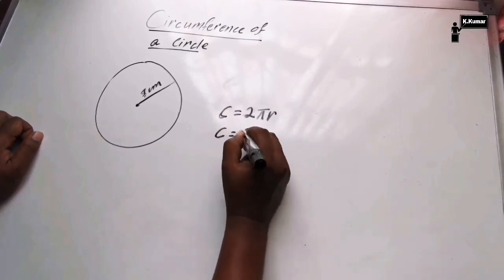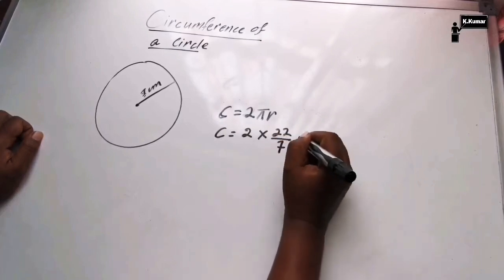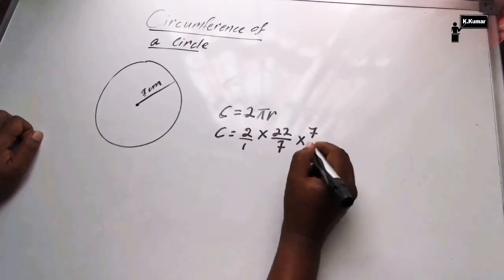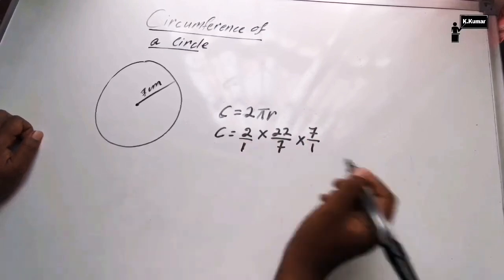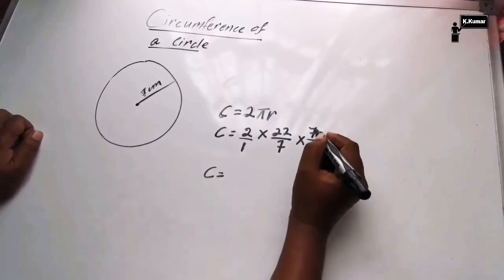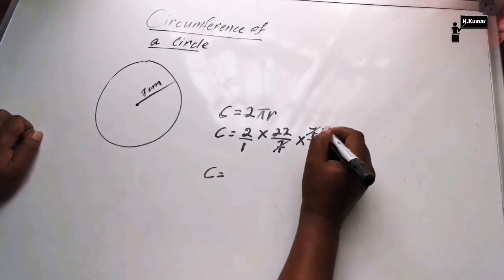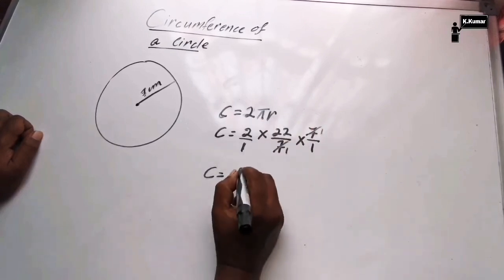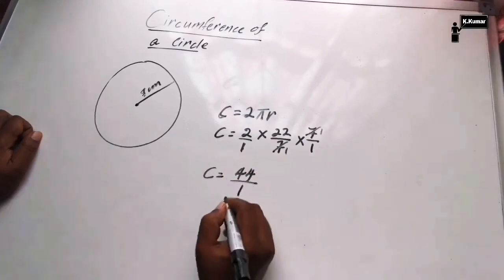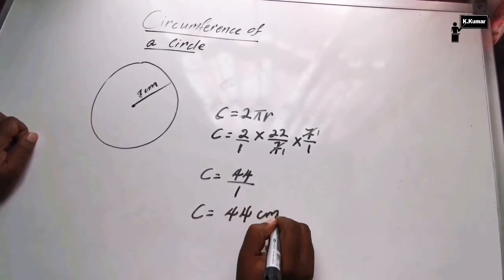So C equals 2 multiplied by pi, which is 22/7, multiplied by r, which is 7. We put them over 1, and then we multiply. Or if we can cancel out, we cancel out. In this case, we could cancel out this, and this would go, right? So 2 times 22 times 1 is going to give me 44. And 1 times 1 times 1 is going to give me 1. So C equals 44 cm.